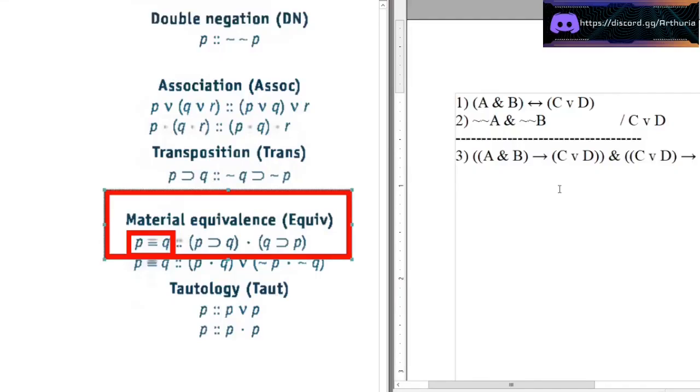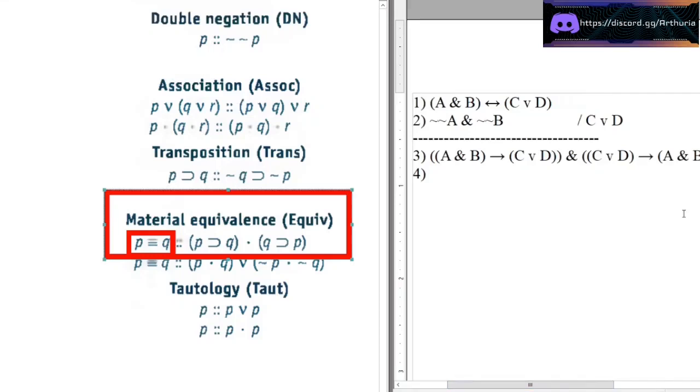Okay. 4. And we got this through our new rule, the material equivalence or equiv rule. Very important rule. Equiv of line 1.